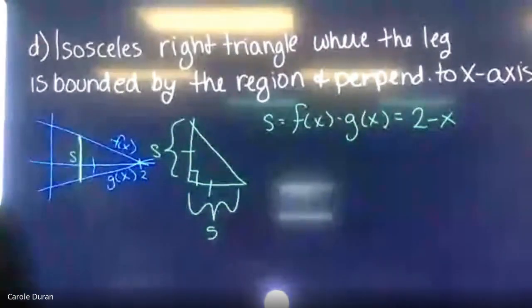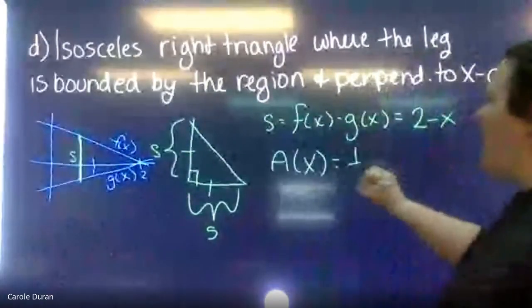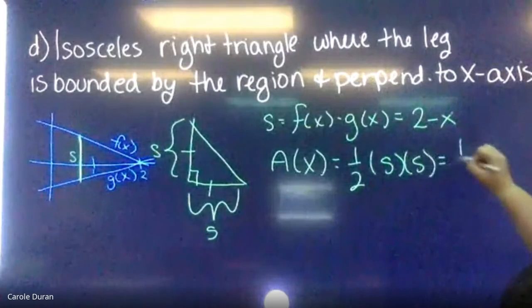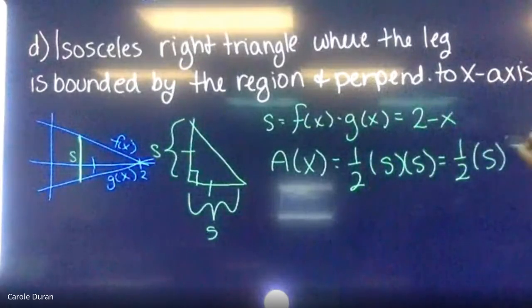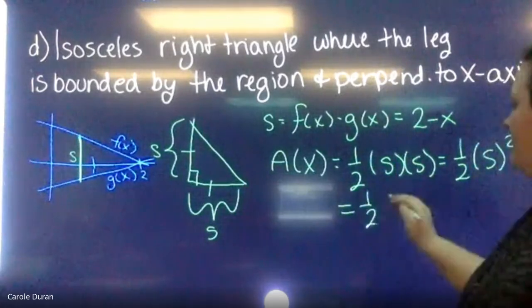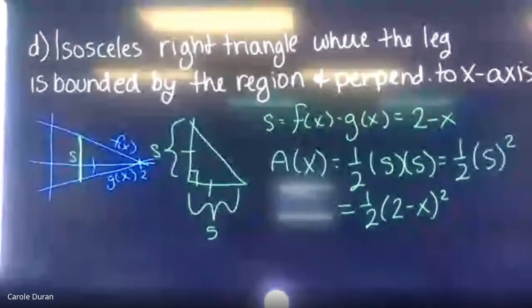So the area of this particular triangle is one half S squared, and I can just go ahead and put the S, 2 minus x, in for that. I said you guys were going to do this one on your own and then I did it for you.